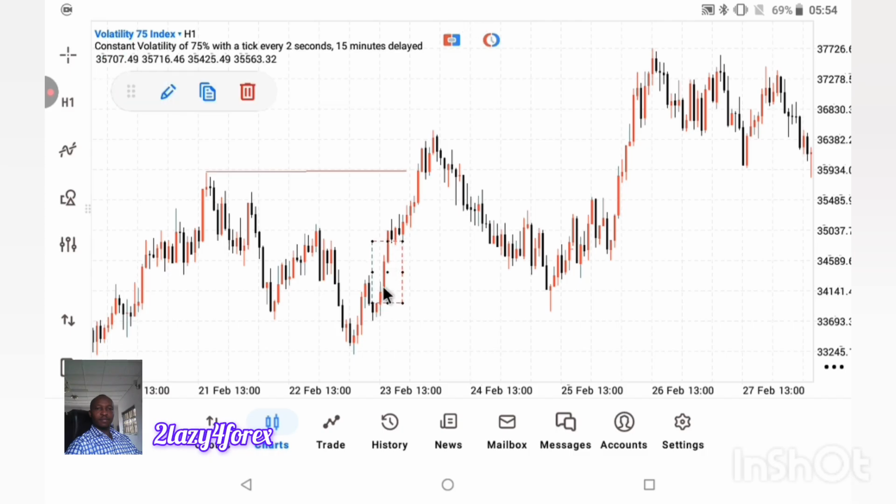The black candles are supposed to touch. If you decide to pick like 50% of this to be around this, extend it like this, that's a spot. This could have been a spot too. This place to here, as those are the possible areas price can pull back to.